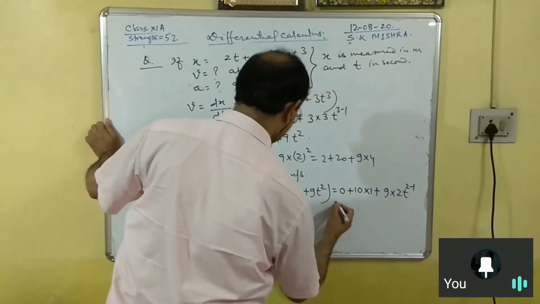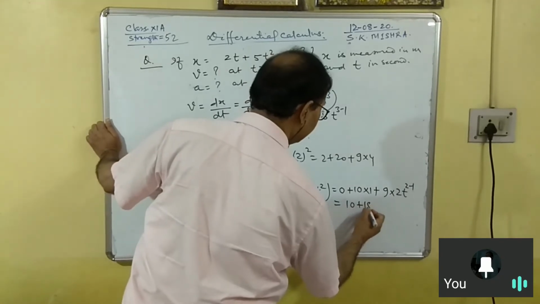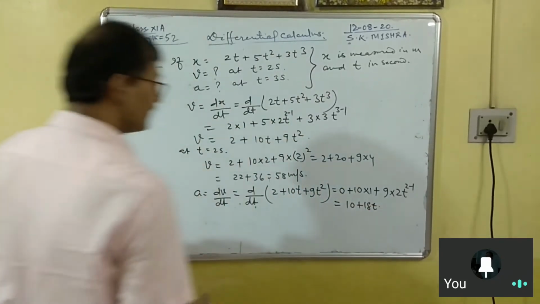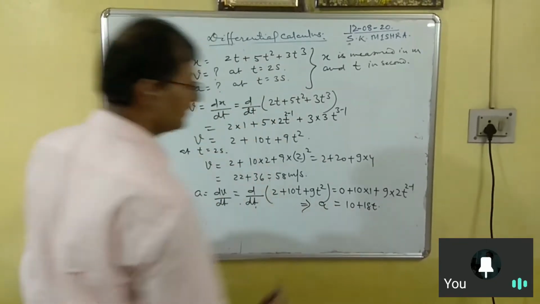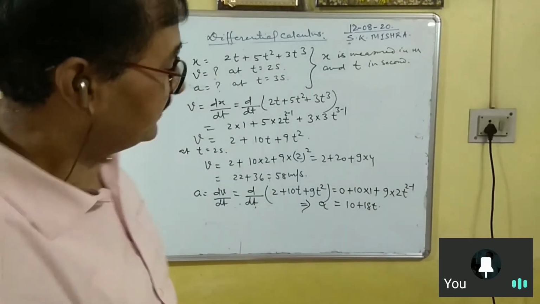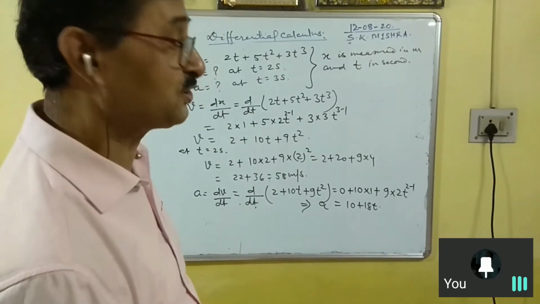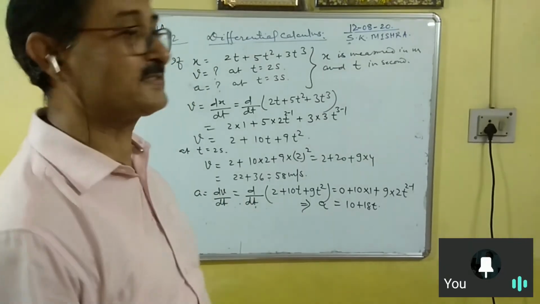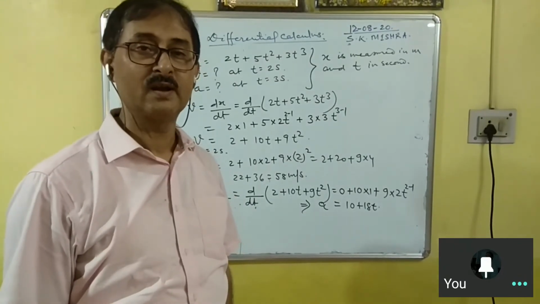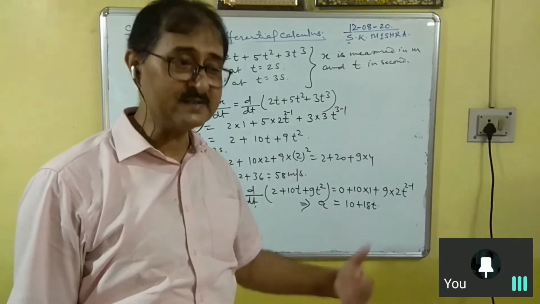So this is how much? Acceleration is 10 plus 18t. So here acceleration is not time independent, rather it is time dependent. So at different t, acceleration has a different value. So it is not the case of uniformly accelerated motion. Here acceleration is not constant, rather it varies with time.